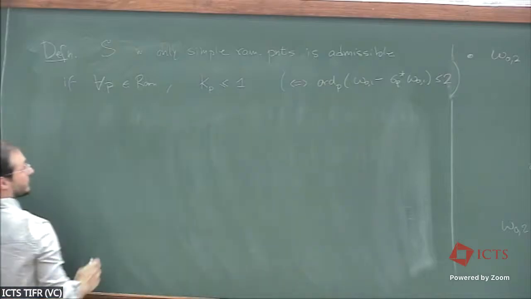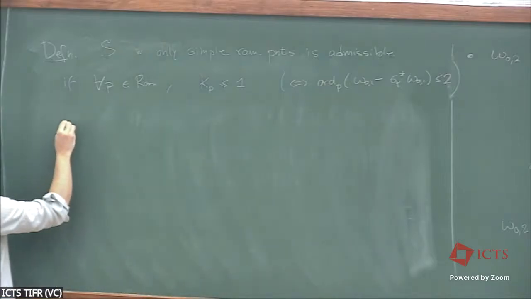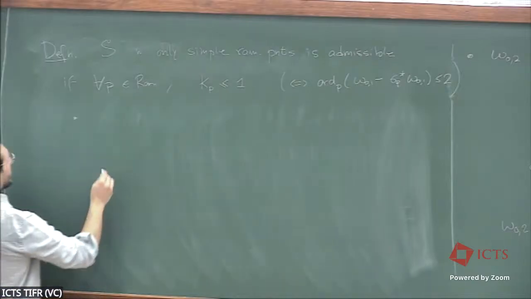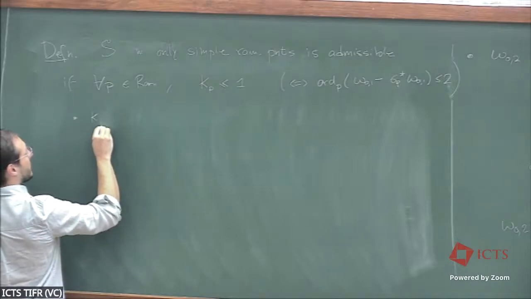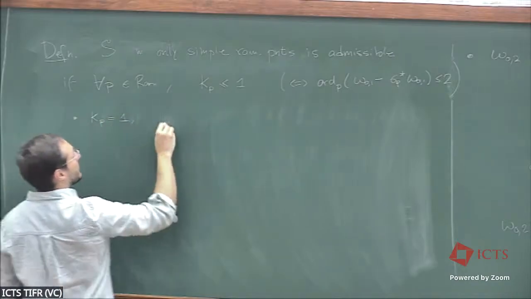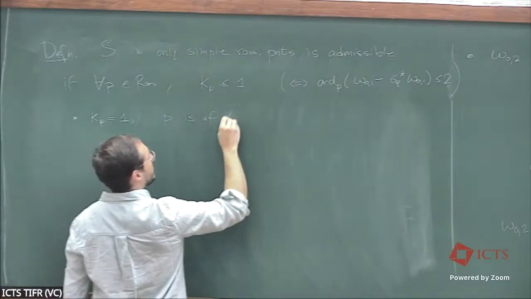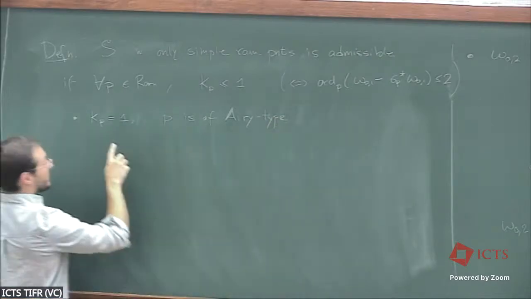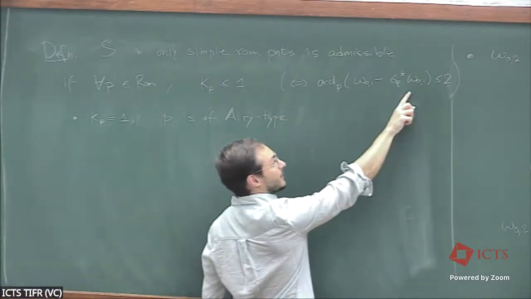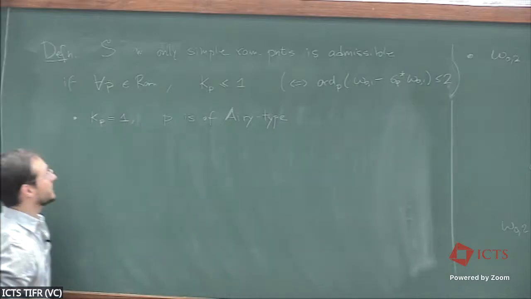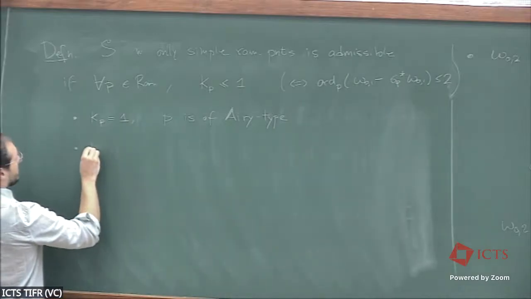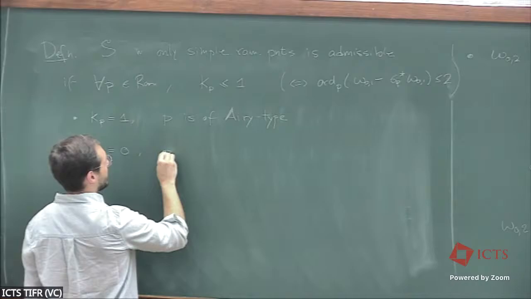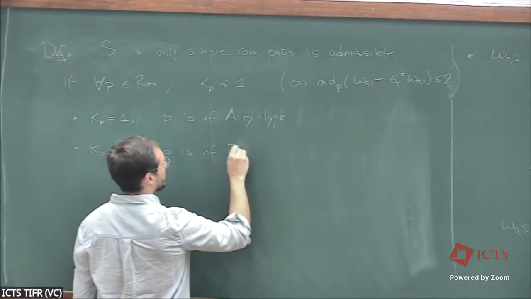And I will actually want to say something more, so I will have a classification of this type of ramification points. So I will say that if Kp is equal to 1, then P is of Airy type. So this is the same as saying that this specific expression has a 0 of order 2 at P. If Kp is equal to 0, then I will say that P is of Bessel type.